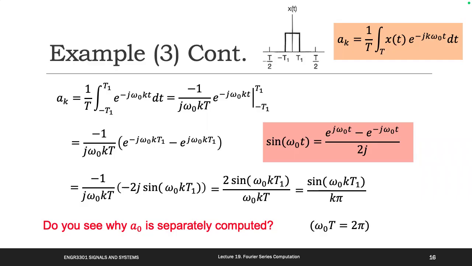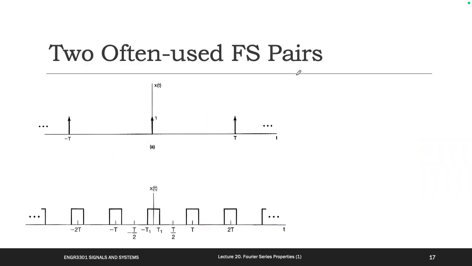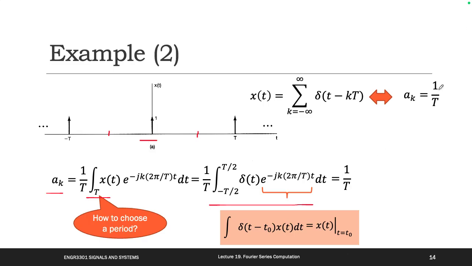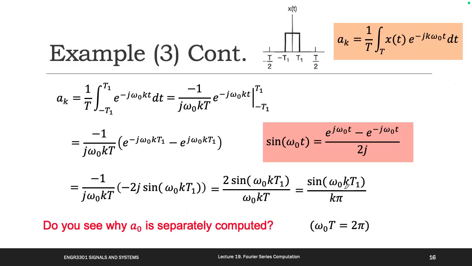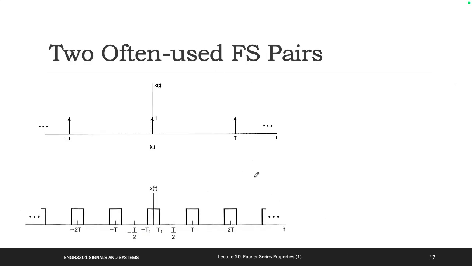Okay, and then actually those two signals, like this one, the AK equals 1 over T, and this one, the AK equals this one, but the A naught is separate. Those two are often used FS pairs.